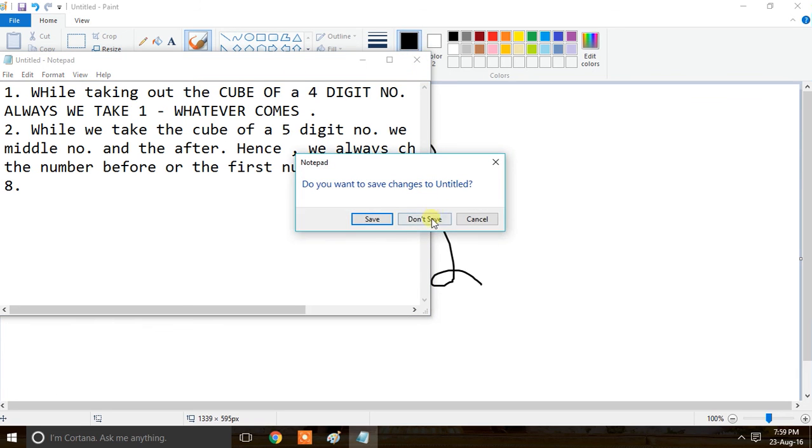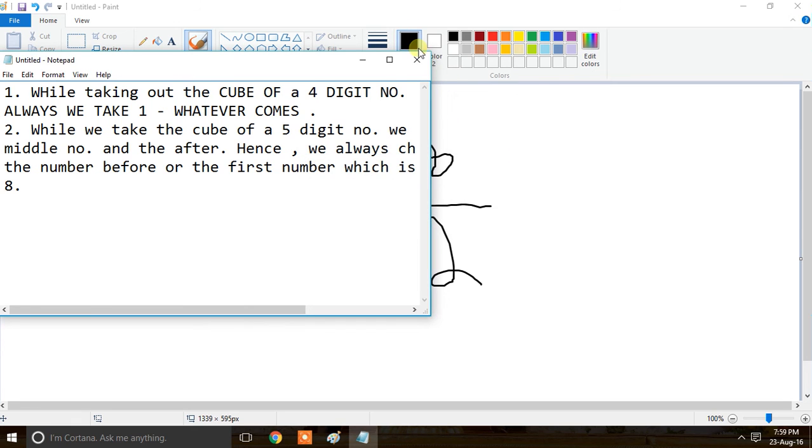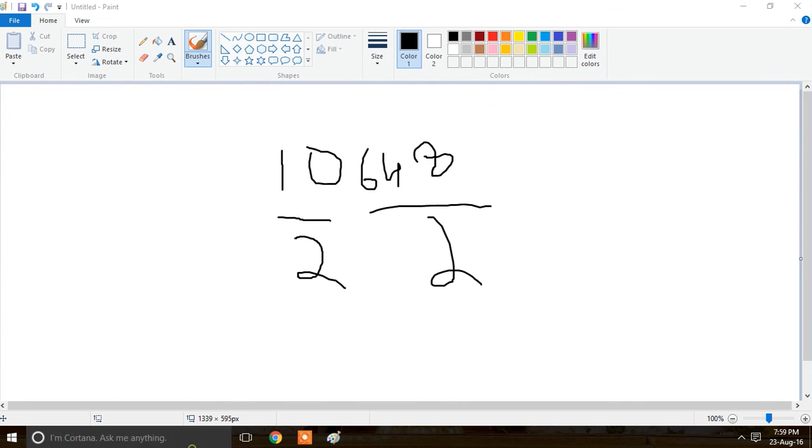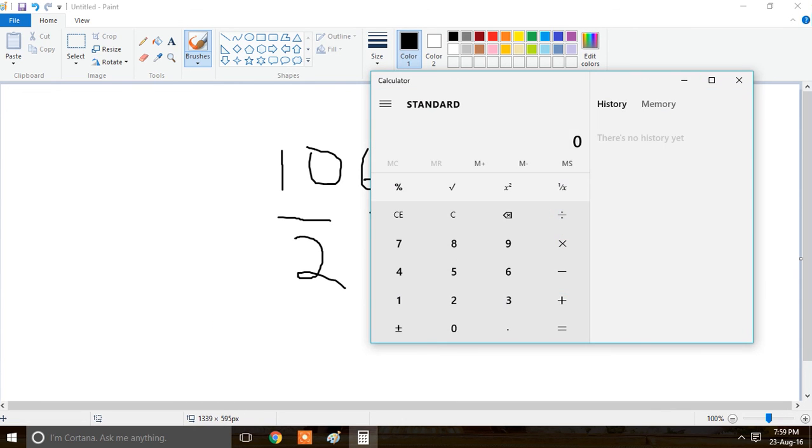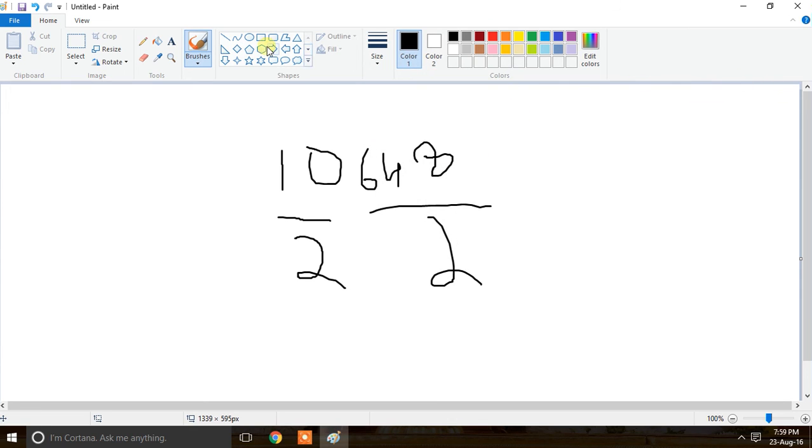I'm even going to show you another example of it. For example, let me take another number to make the concept more clear. Let's take 23. What is 23 into 23 into 23? It gives us 12,167.